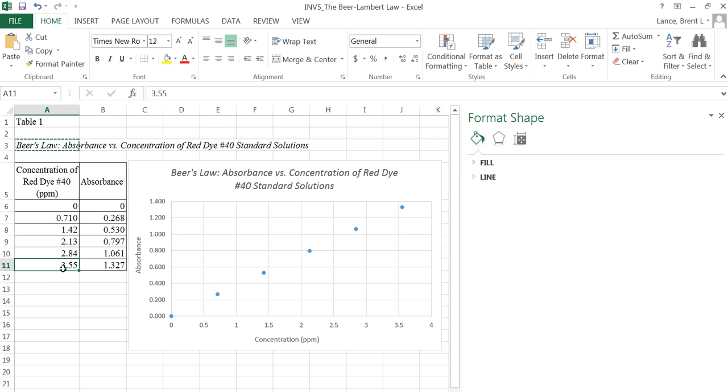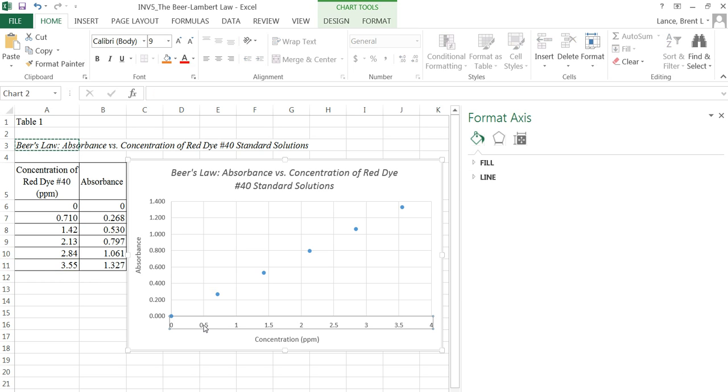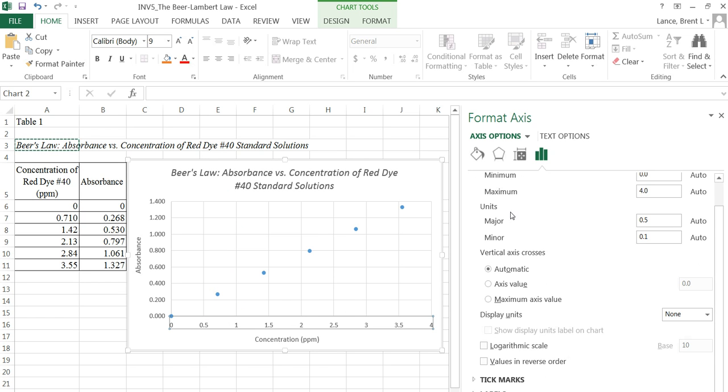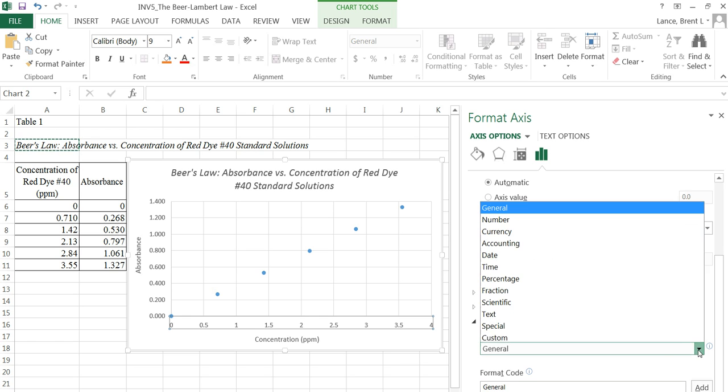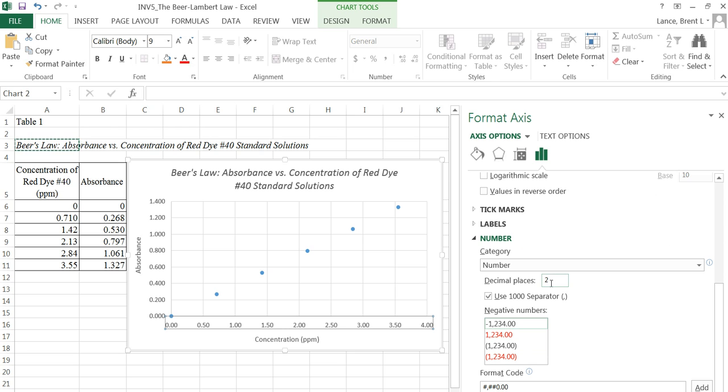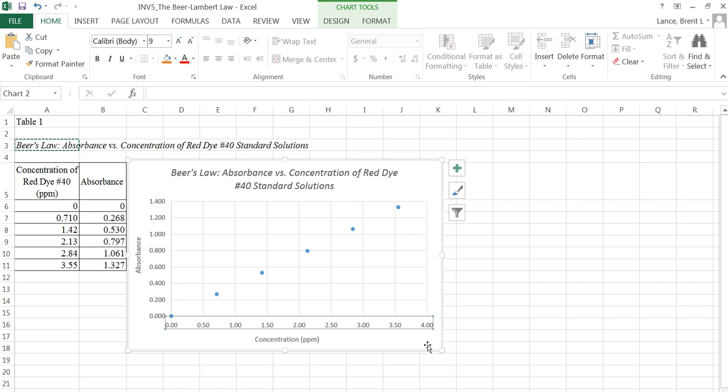But you still format your x-axis, right? Same thing, I'm going to go down to Format Axis, scroll all the way down to Number, and change it from General to Number with 2 decimal places. Now it'll say that, and then I just press enter, and I can close that for just a second.